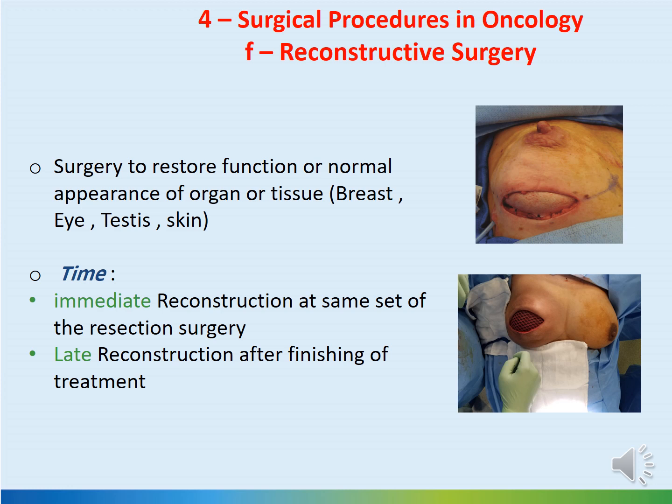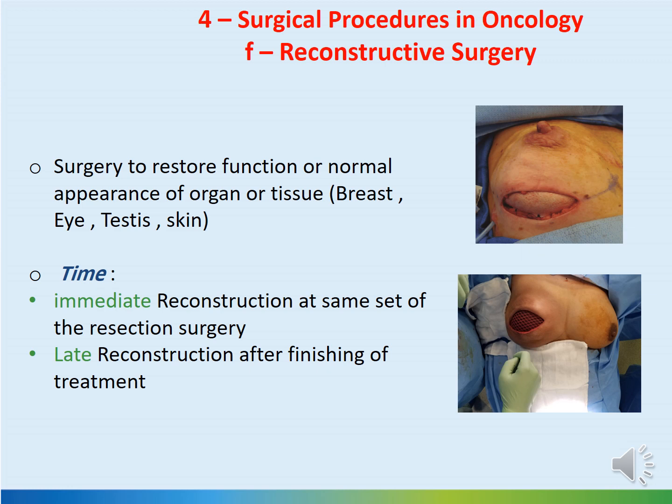Actually, here we can use two types of reconstructive materials. We can do either by autologous tissue from the same patient, or we can use prostheses like implants to reconstruct the removed organ.